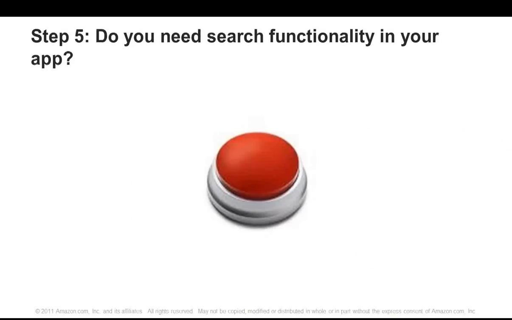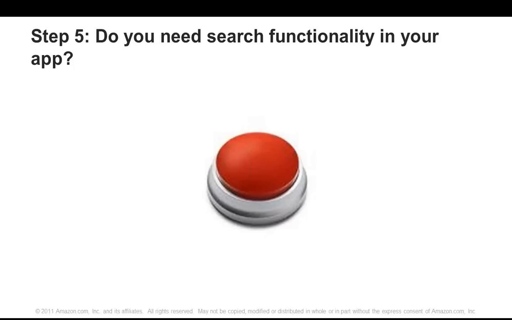The next question is, well, do you want search in your application? A lot of content management services offer search functionality, at least some basic search functionality in their software. We offer a very high performance, high scale search product called Amazon CloudSearch, and it really makes it easy to manage powerful search engines.